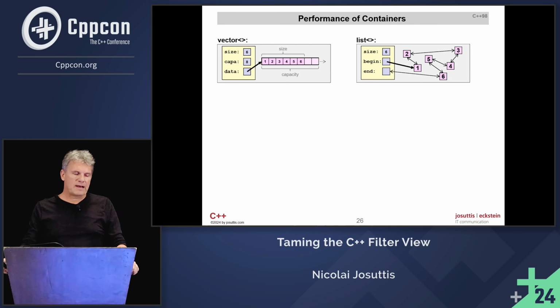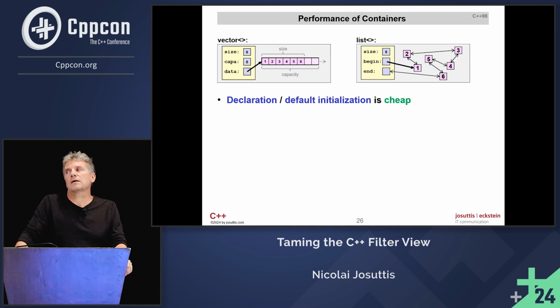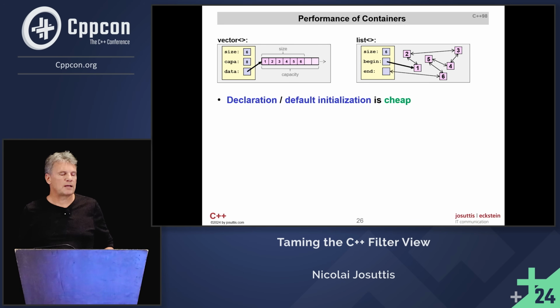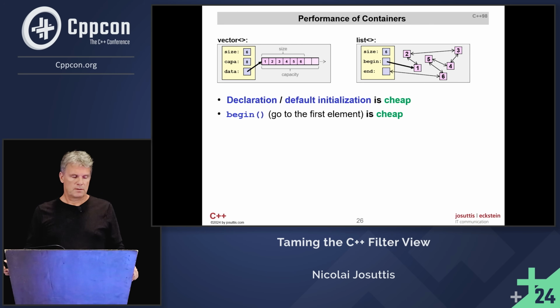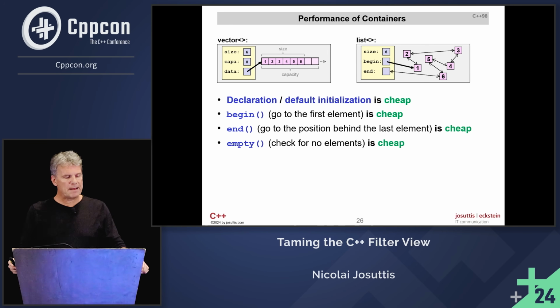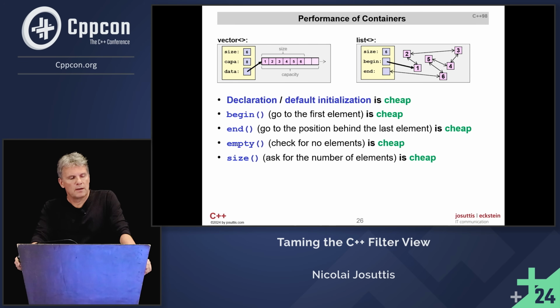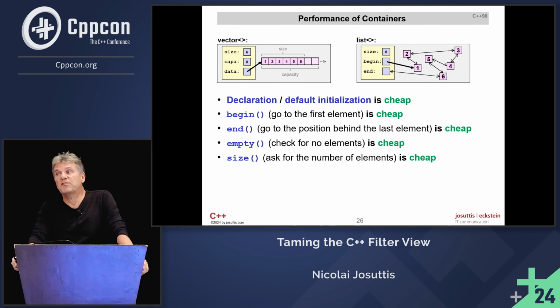So you might have a vector, you might have a list, totally different data structures, but we have a couple of things in common and guaranteed, which is declaration default initialization is cheap. And begin is cheap. It's just because begin is, we have a pointer to the first element or so. End is cheap, which is the position behind the last element. Empty is cheap, because if begin is equal to end, then it's empty, otherwise not. Size is cheap, because we track size.